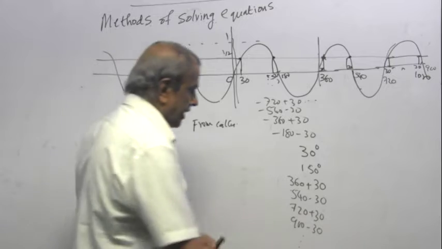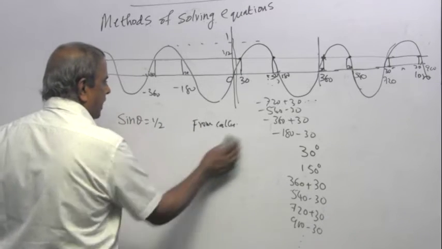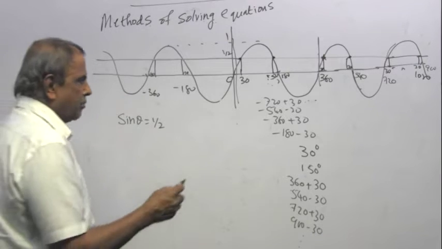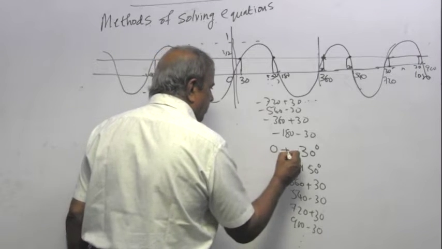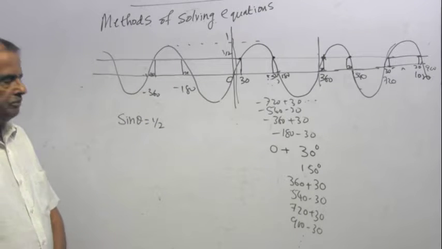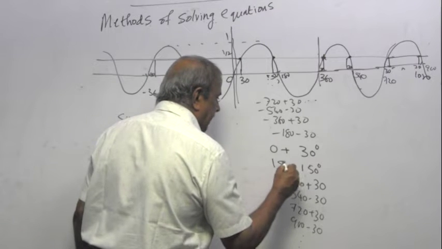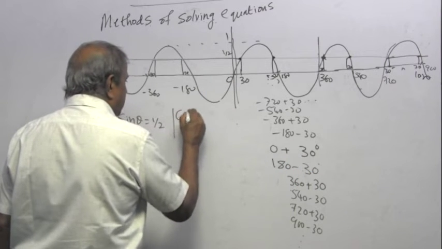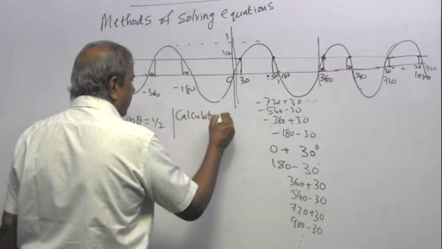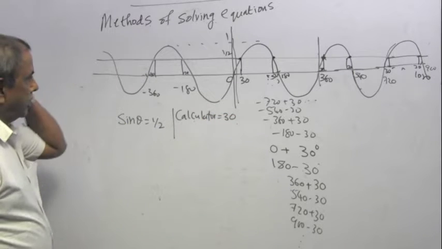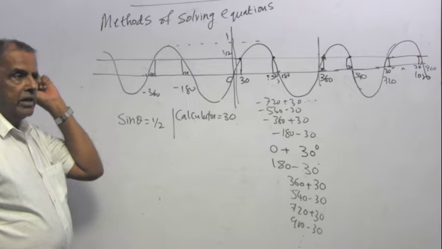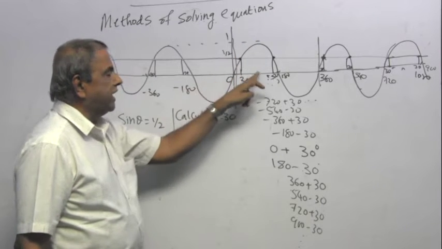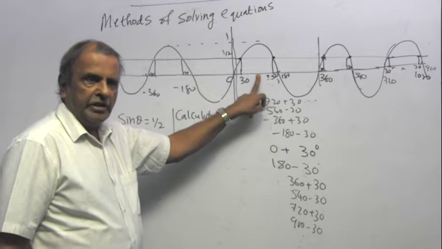However, let's see if all this can be combined into, remember I told you in maths we talk of only patterns. So if I write here 0 plus 30, would you be wrong? Nope. If I write here 180 minus 30, would I be wrong? No. Remember, the first value from the calculator was 30. Your calculator gives the principal value of sine, which is between minus 90 and 90. If sine is positive, it will give you a positive angle.